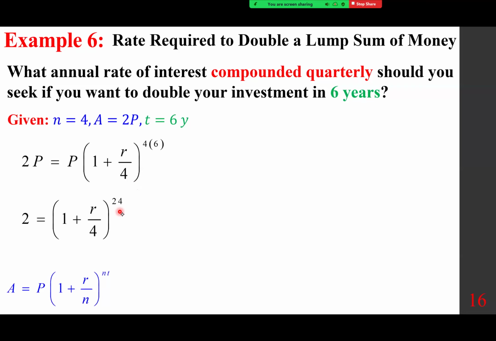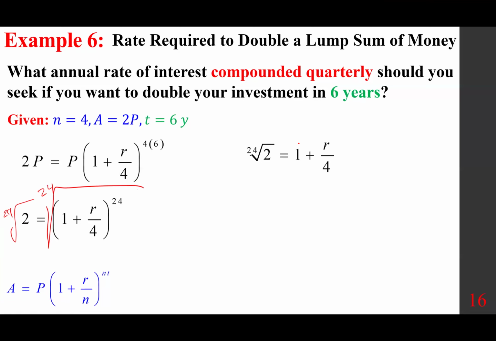We have to take the root. So if we take the 24th root, then the right side simply becomes 1 plus R over 4. And I'm going to move the 1, so it becomes minus 1.